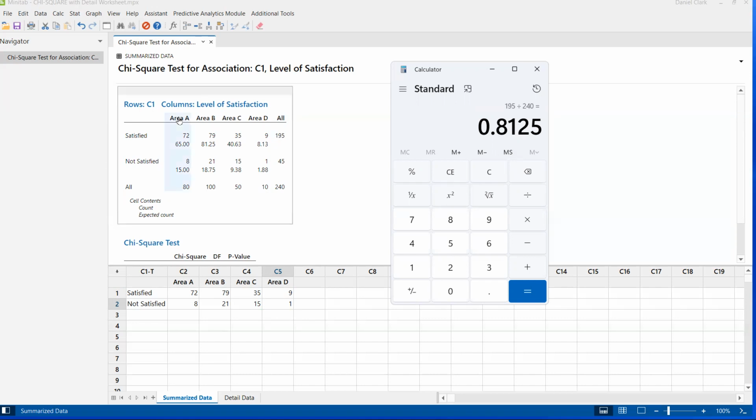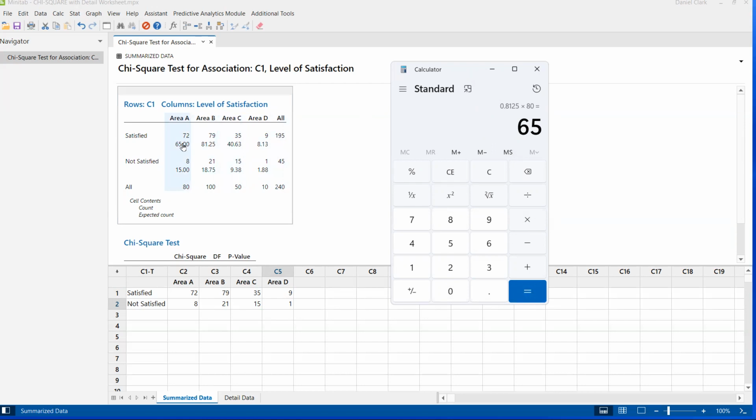So in area A, the total number of customers is 80. If 81% of our customers are satisfied, we'd expect that to be 65. You can see over here on the calculator, 0.81 times 80 equals 65.